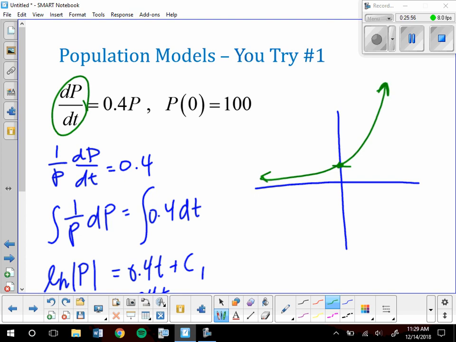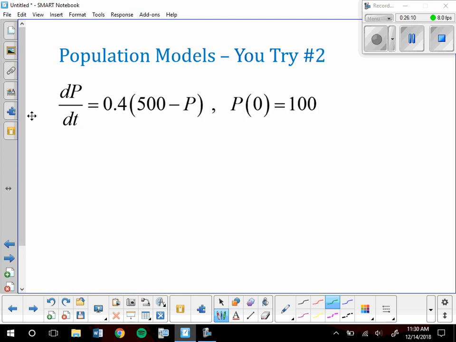That is a decent population model if you have unlimited space. But a lot of times we do have constraints on our populations, like land and resources. And so what I want you to try next is a population that does have a carrying capacity. And you can see here that the carrying capacity is 500.